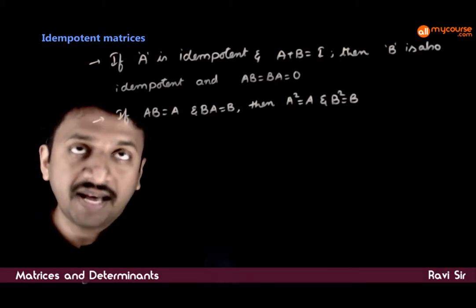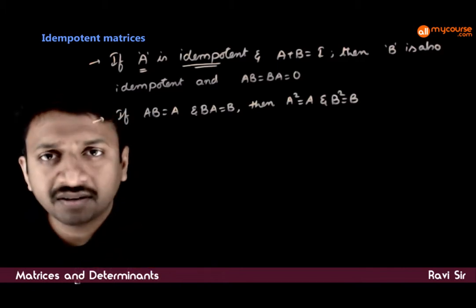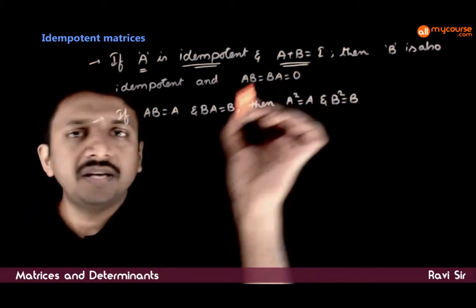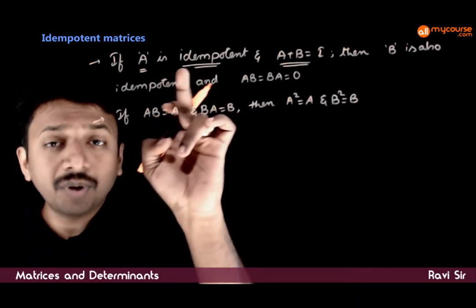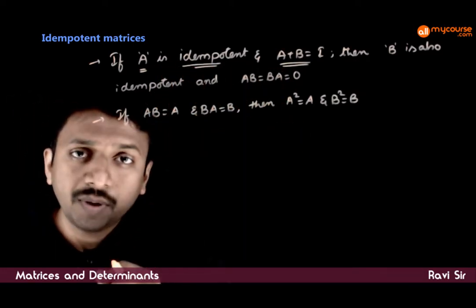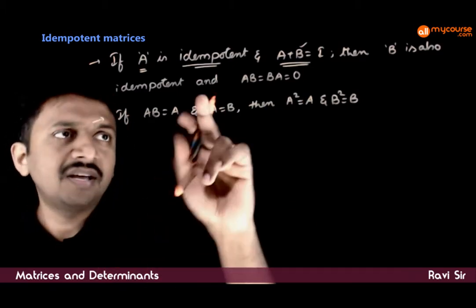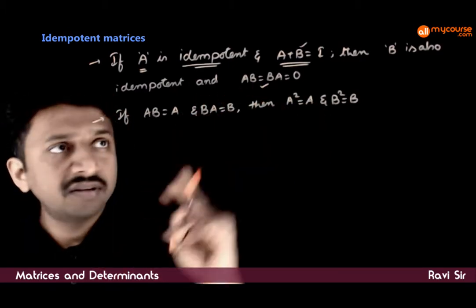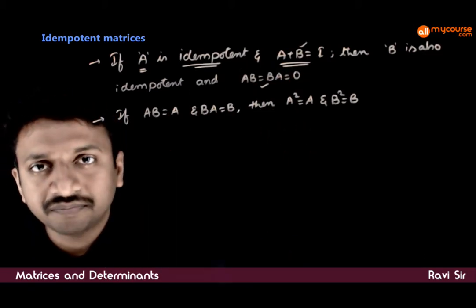The next two properties are: if A is an idempotent matrix and A plus B is equal to I, then B will also be an idempotent matrix and AB is equal to BA is equal to 0.